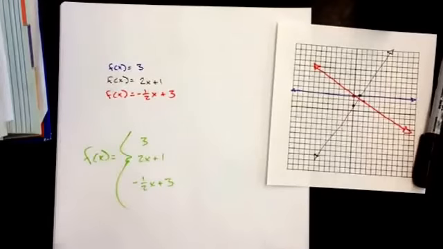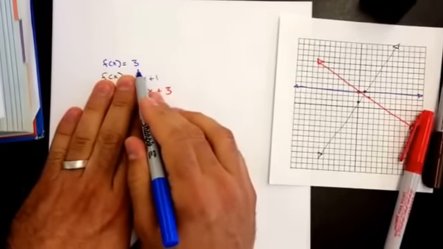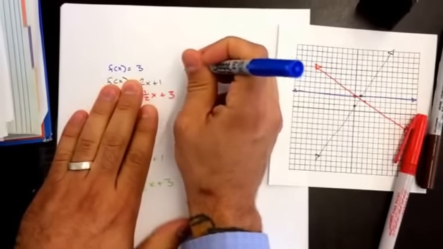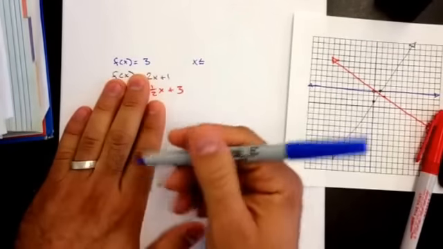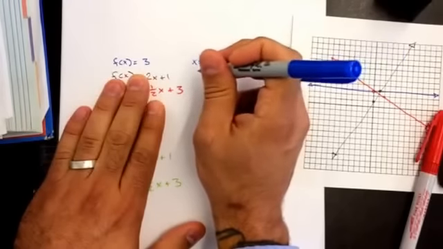So what would happen is we would say that the graph only follows this rule when x is less than or equal to, and they'll give you the rule, but I'm making up the rule as I go. So I'm going to say when it's less than or equal to 0.